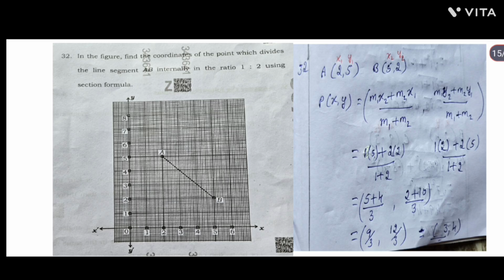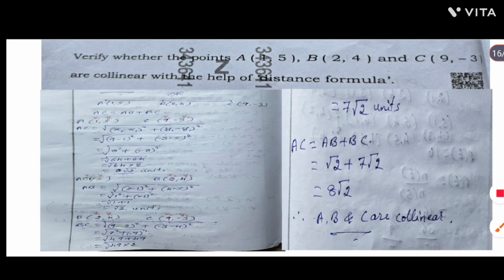First you are writing the points A and B. After that you are using the section formula. For our question, you are using the distance formula. AB plus BC, if you add, you should get AC. If you are getting AC, these are collinear.